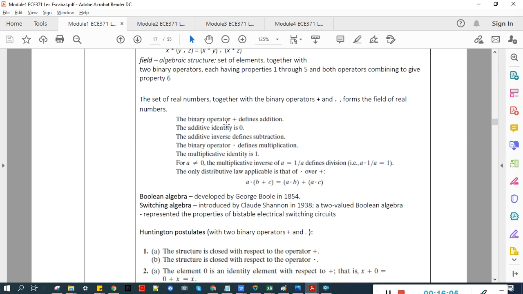So the plus and the OR, and then the multiply and the AND operations are somewhat similar, but one is applied in Boolean algebra while the other is in arithmetic, or the usual algebra.